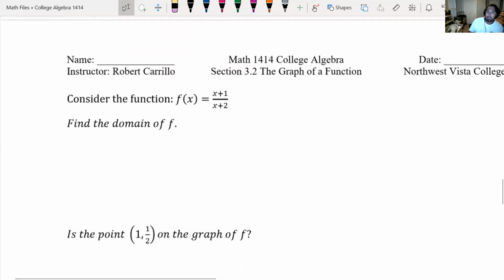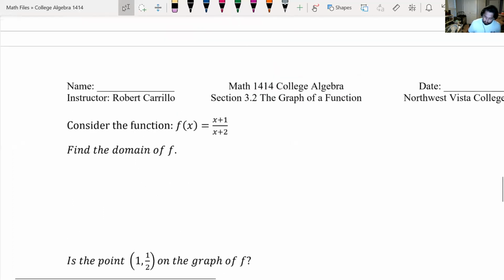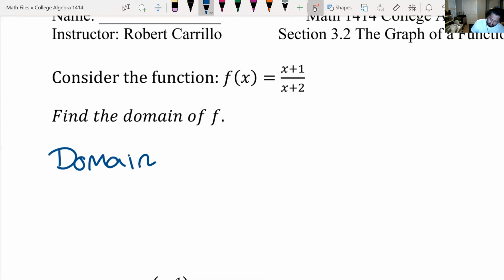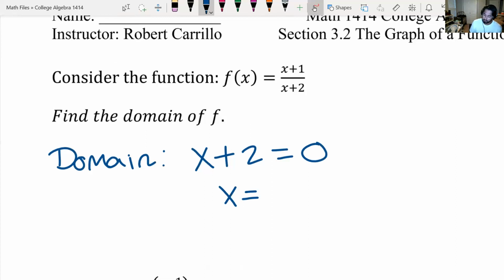So, given the function x plus 1 over x plus 2, find the domain of f. So remember that x plus 1 over x plus 2 is a rational function, which means to find the domain, you take the denominator and set it equal to 0, which means you'll get x equals -2.